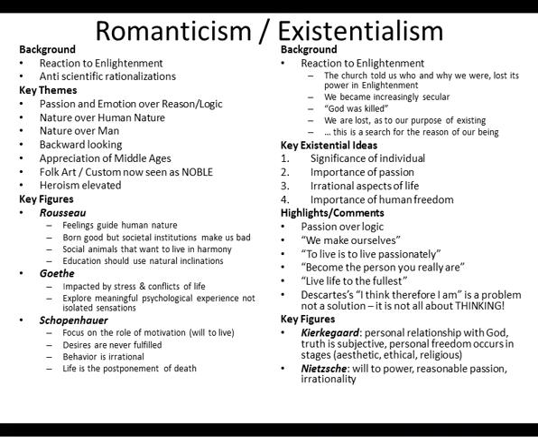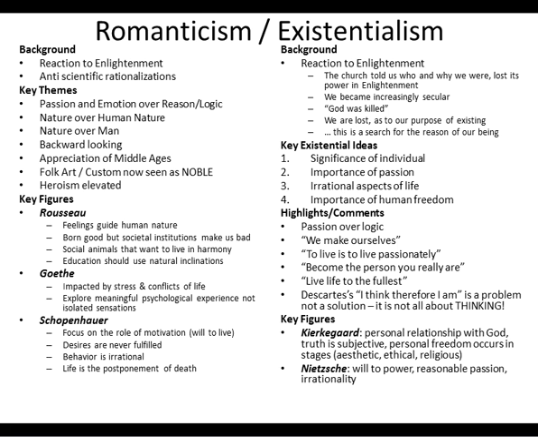Now, to wrap up a few of these ideas, let's go over real quickly Romanticism and existentialism. There will be a few new adds to this as we go over this information. So, the background. Romanticism, as well as existentialism a little bit later, was a reaction to Enlightenment.